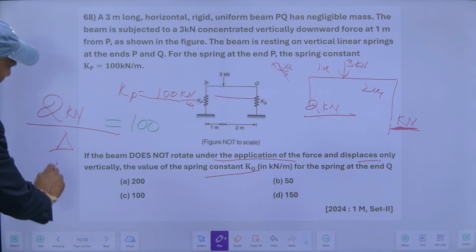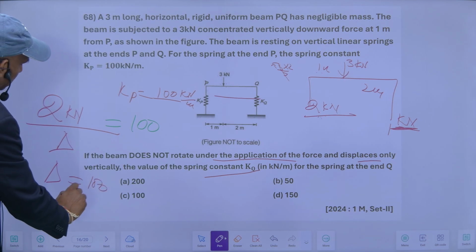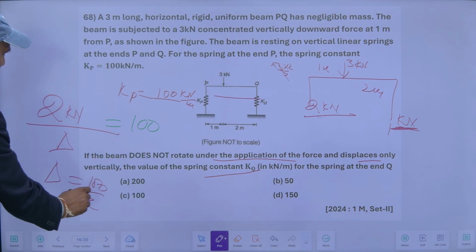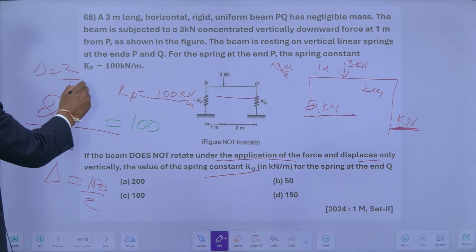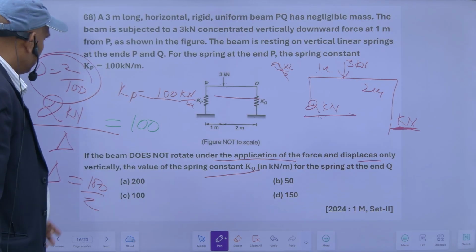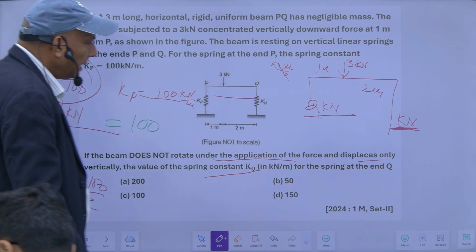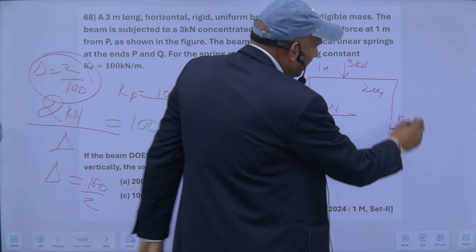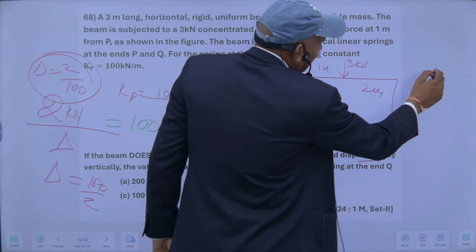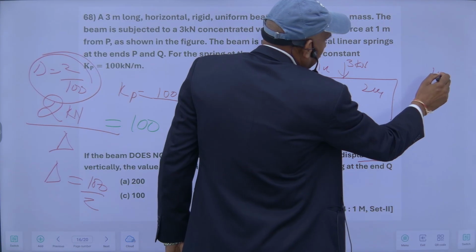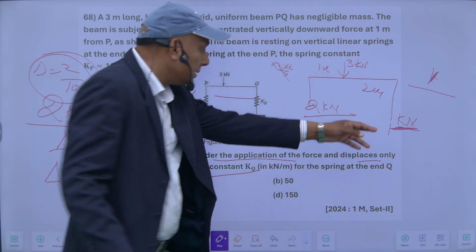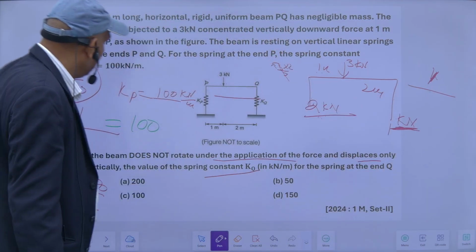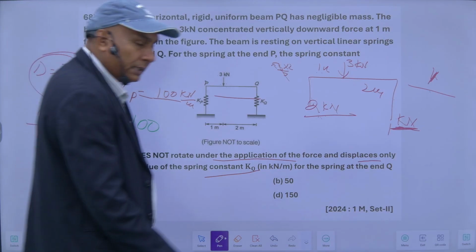So delta is equal to 100 by 2. No, delta will be 2 by 100. So delta is equal to 2 by 100, and this delta will be the same here. So in this case Kq will be the 1 kilonewton load divided by its deflection. Deflection is 2 by 100.